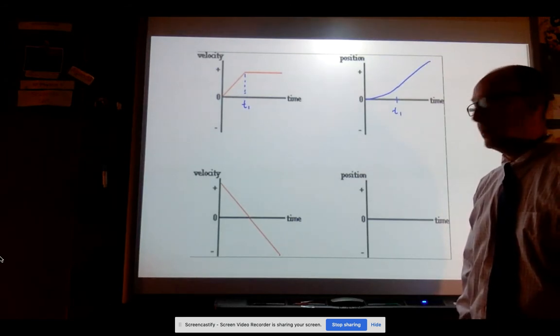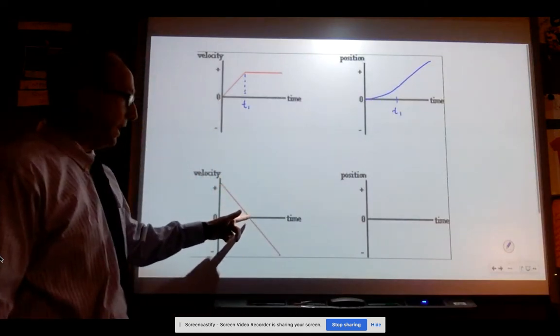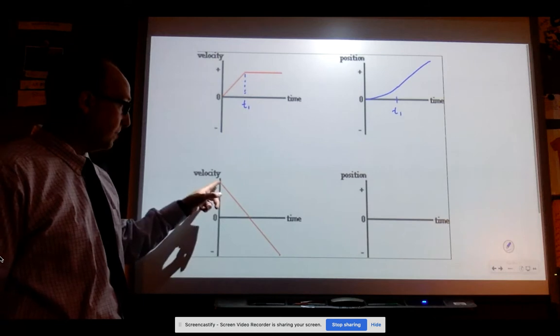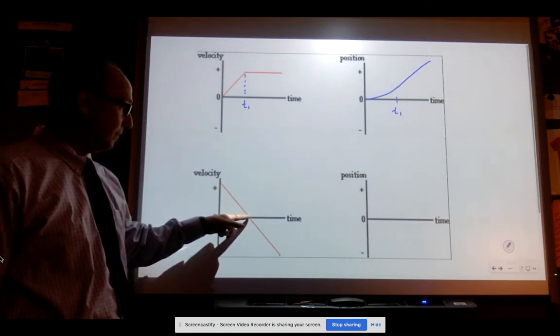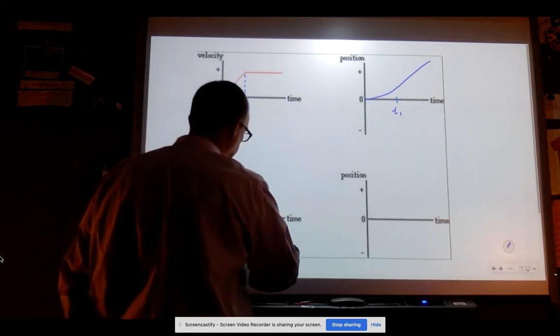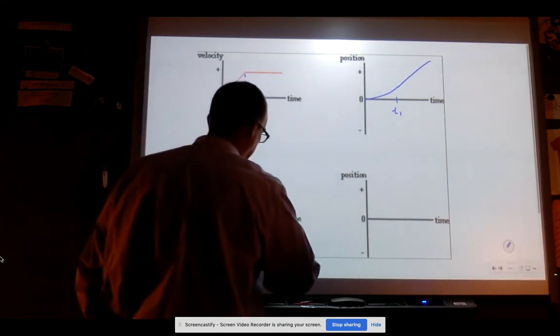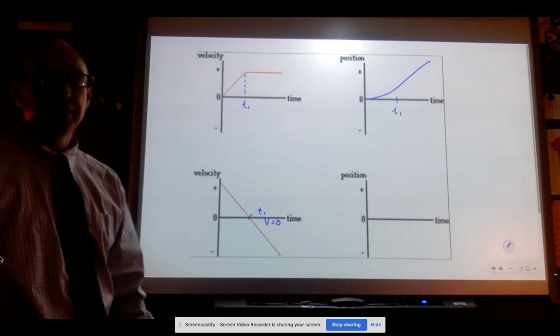In the second one, I have a velocity that is decreasing down to 0. So that means from here down to there, it should be getting less and less steep. At this point, which again I'll call T1, the velocity is 0. This object has momentarily come to rest, changing directions.